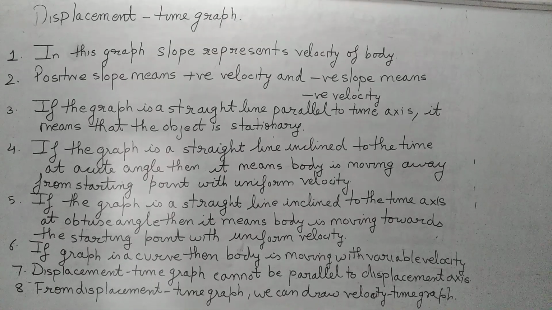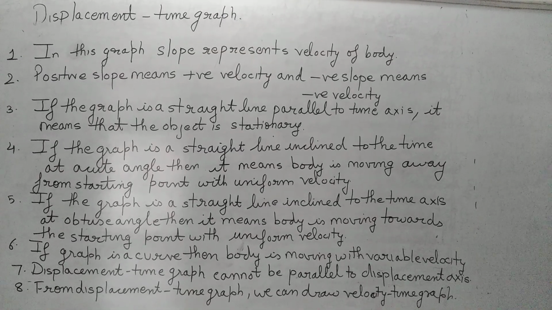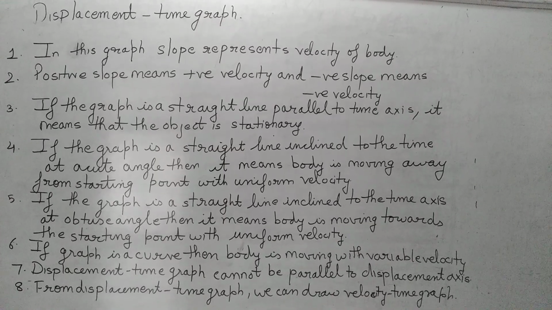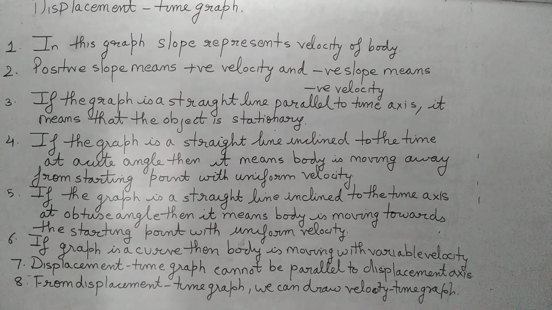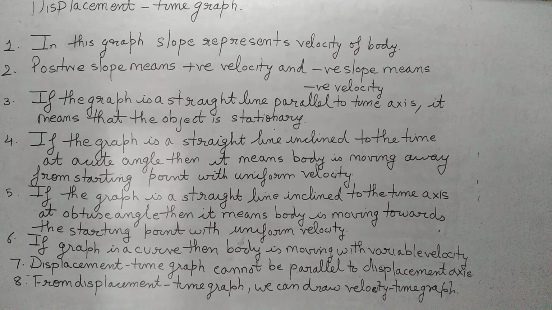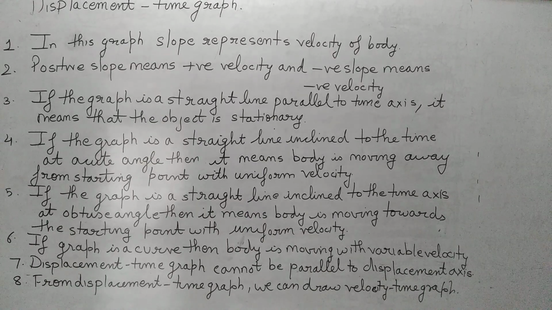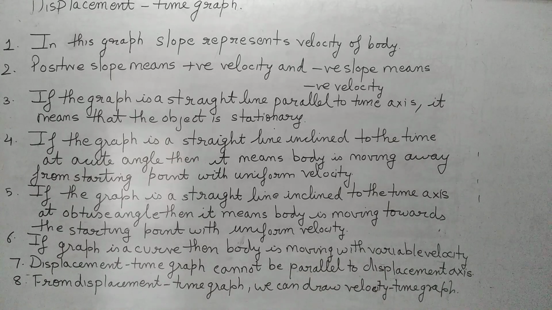Okay students, these are some important points which I want you to see. These are the conclusions of the displacement time graph. The first is, in displacement time graph, the slope always represents the velocity of body. Secondly, positive slope in this graph means positive velocity and negative slope means negative velocity.